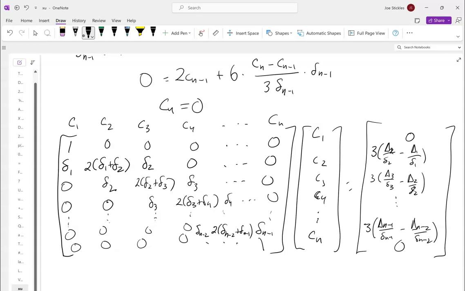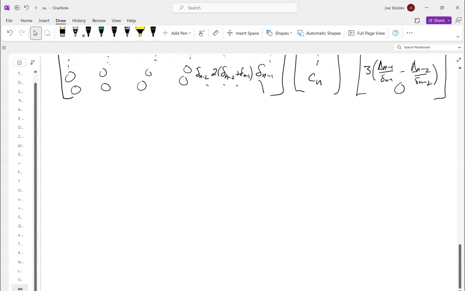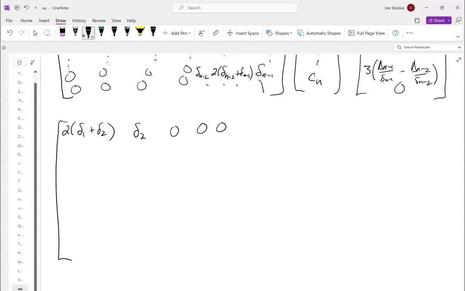Over here at the bottom, I can do the exact same thing. I can do -delta(n-1) times this one and add to that one and make this go away without changing anything else in that entire row. Right? So really what we need to solve is the following. We need to solve the system that looks like 2 times delta1 plus delta2, 0.